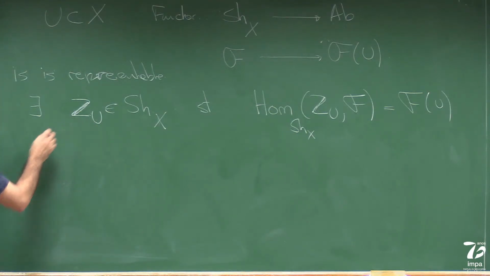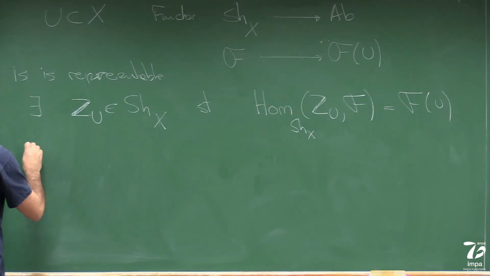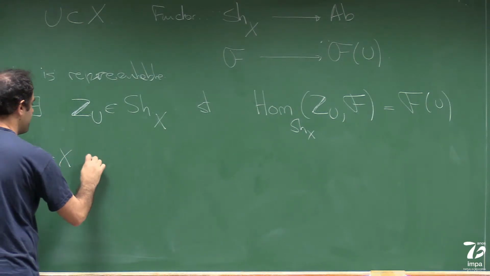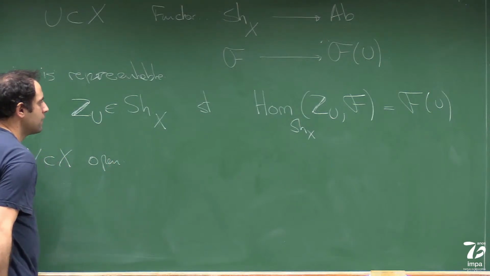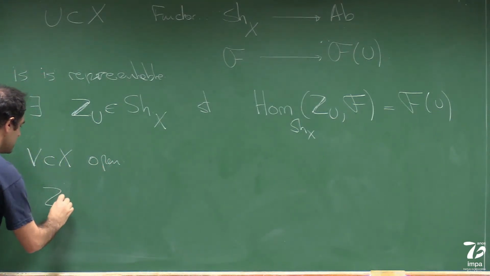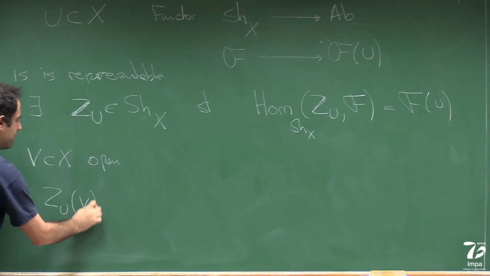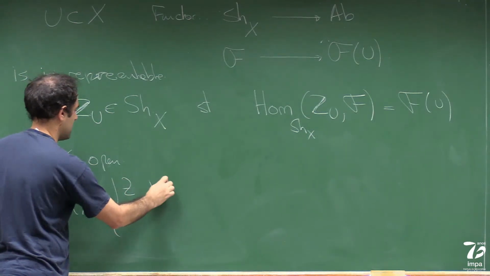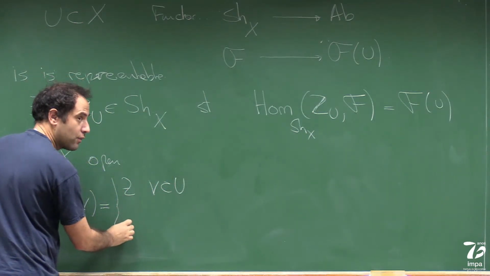So this sheaf is a sheaf such that if you give me an open V in X, then this Z_U on V has sections Z if V is contained in U and 0 otherwise.